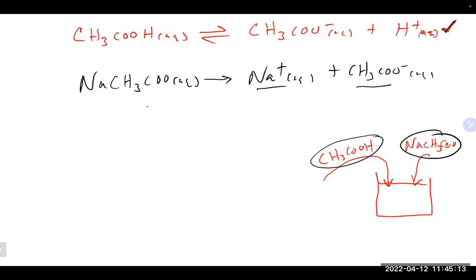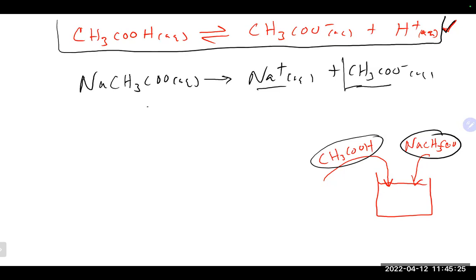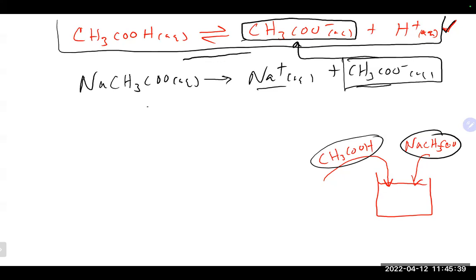Now, the only one that will set up an equilibrium is our top equation here, which comes from the acetic acid. What we're essentially doing when we add the sodium acetate is adding more acetate. Based on Le Chatelier's principle, by adding to the right, it should shift away from it, and we should see a shift in the equilibrium to the left.